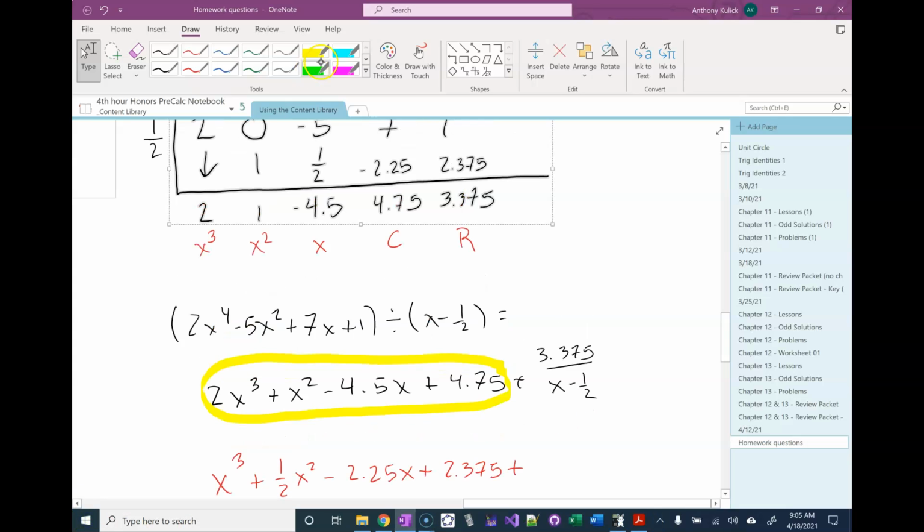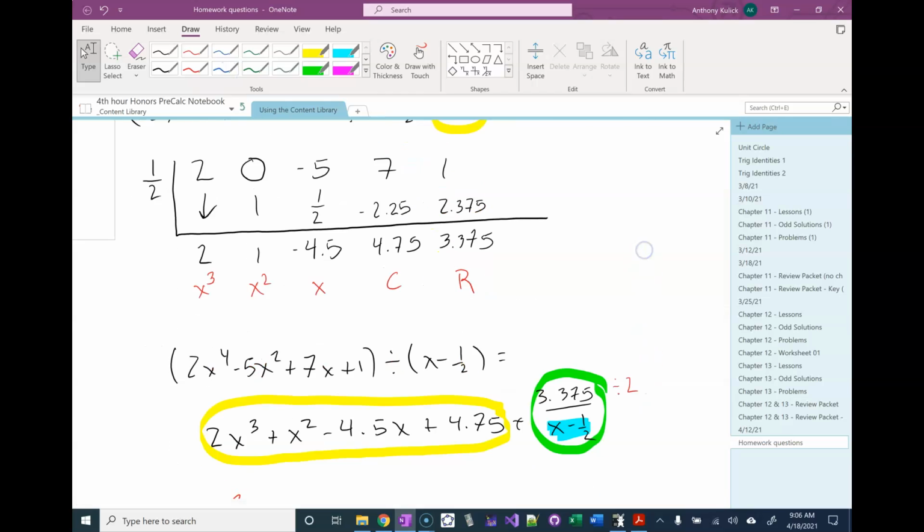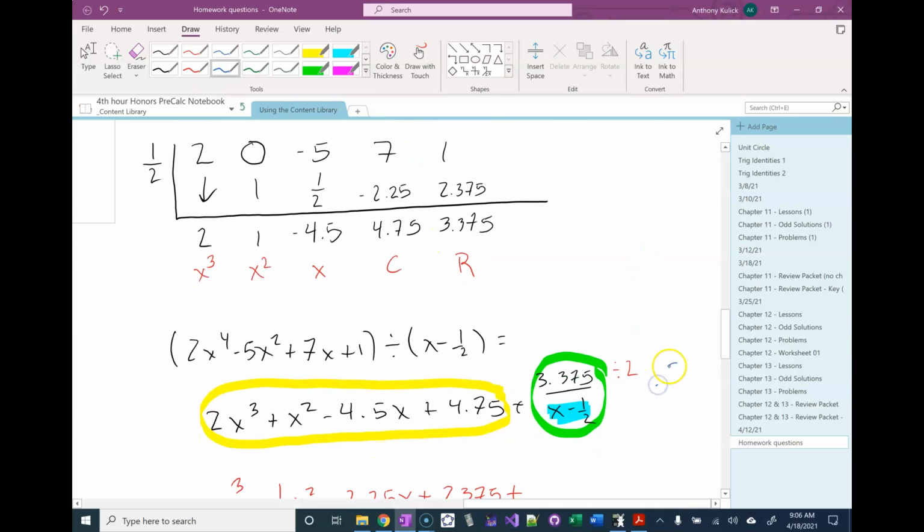okay, and then the last thing we need to do is worry about this remainder piece. So we still need to divide the remainder by 2, but you'll notice that also here isn't the divisor. So we have to take care of that. So we'll need to multiply the top and bottom of that fraction by 2.